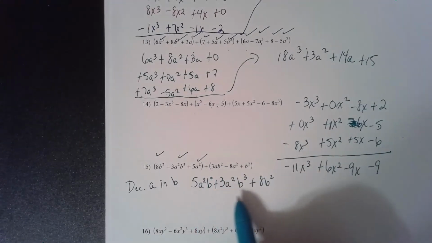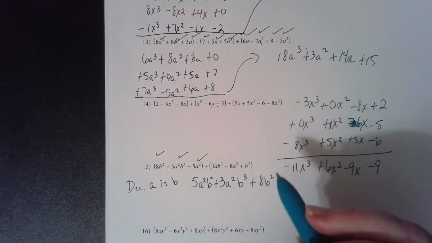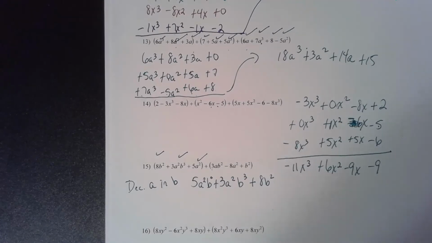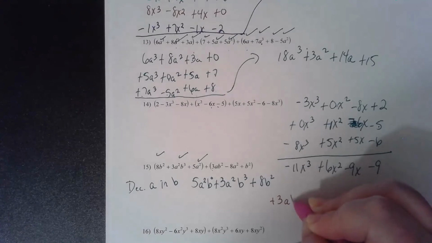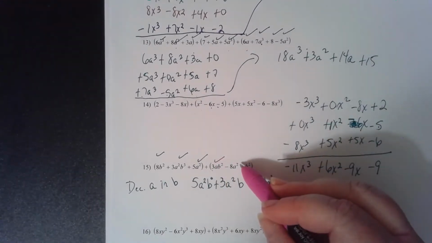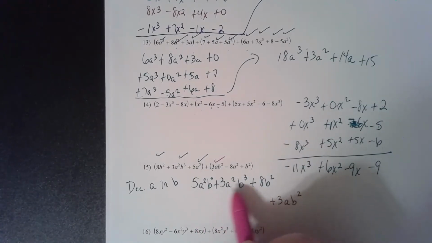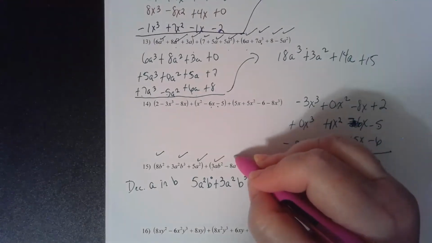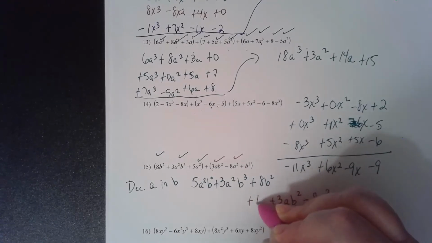Well, I don't have anything down here that says 3AB squared, so that's going to have to come out here somewhere. Because we cannot combine it unless it's absolutely exactly the same. And I don't have anything in here that's just A squared. So I'm going to take and subtract out here A squareds. But I do have something that has a plus B squared.